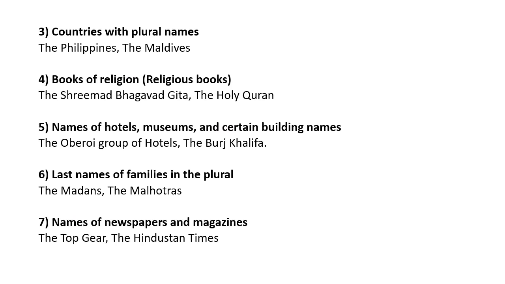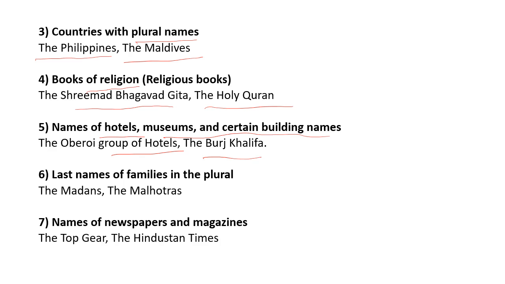The is used before countries with plural names. For example, the Philippines, the Maldives, also the Netherlands and the countries which are united like the USA. Then the is used before books of religions like the Srimad Bhagavad Gita, the Holy Quran. The is used before names of hotels, museums and certain building names. For example, the Oberoi group of hotels, the Burj Khalifa.